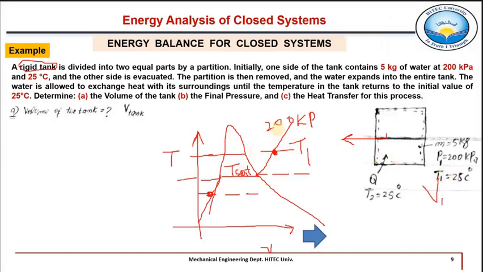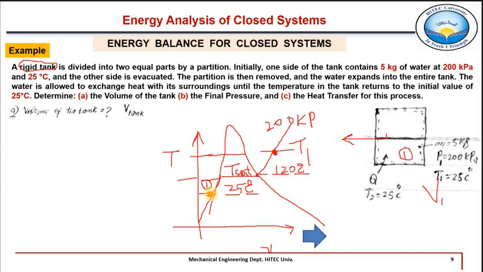So this line is the 120 degrees Celsius line, which is the saturation temperature corresponding to this pressure, and our given temperature is 25 degrees Celsius. So this temperature line is intersecting this pressure line in the liquid region. So state 1 is in the liquid region. That is now confirmed.